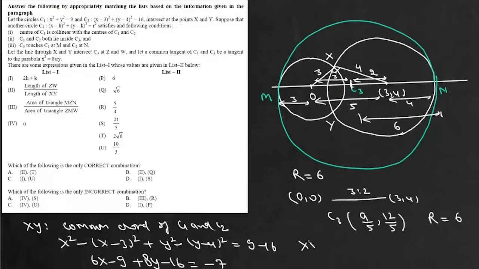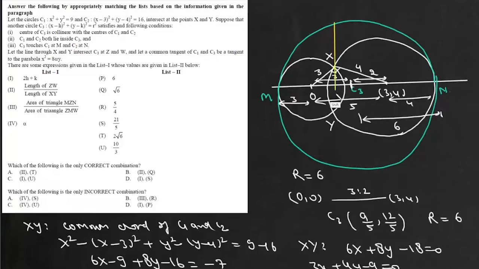Equation of XY is given by 6x plus 8y minus 18 equals 0, and we can divide everything by 2. So this equation will be 3x plus 4y minus 9 equals 0.